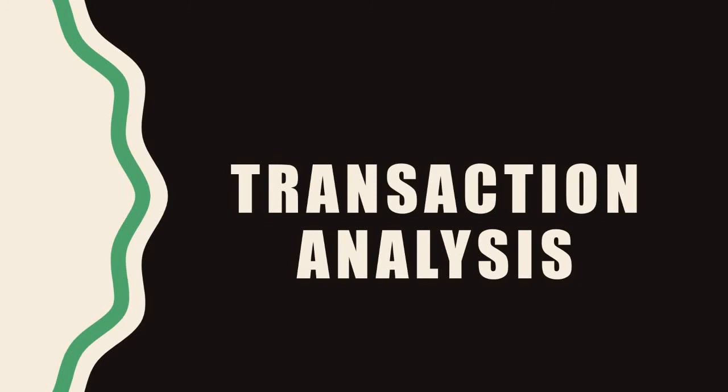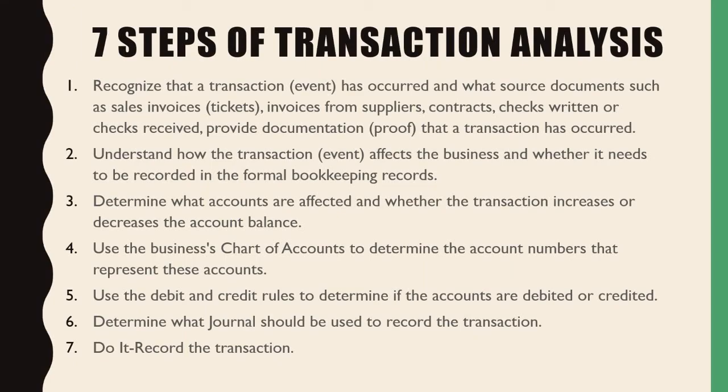Now, this is the section where I was talking about how we determine whether this transaction is even something you need to journalize. So here you go. Here are the 7 steps to transaction analysis. This is going to be very, very helpful to you, especially if you are a beginner at journalizing or you just need a refresher, okay? So these are the 7 steps that you need to take.